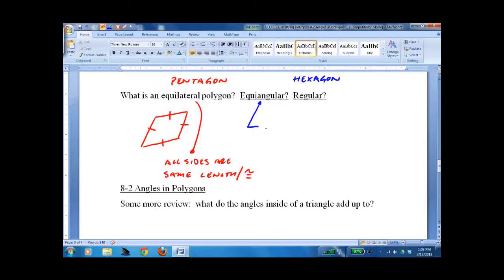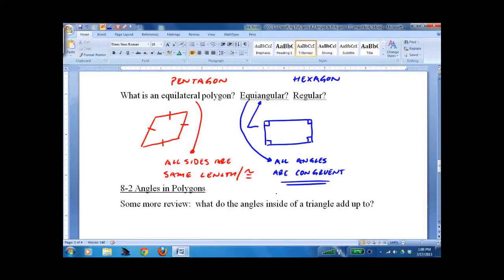Equiangular, and I'm going to use the same number of sides. It means all the angles are the same. In this case, for a four-sided shape, we have a rectangle where all four angles are 90 degrees. So equiangular, all angles are congruent. And a regular is both.